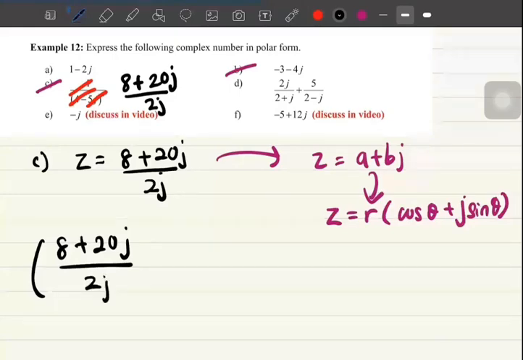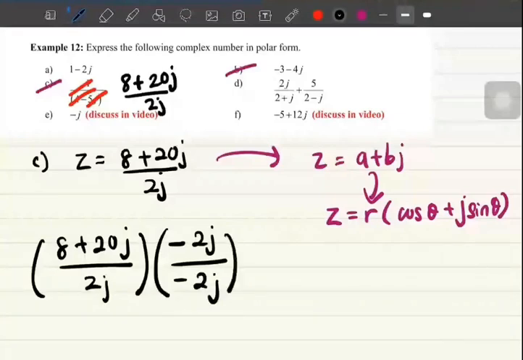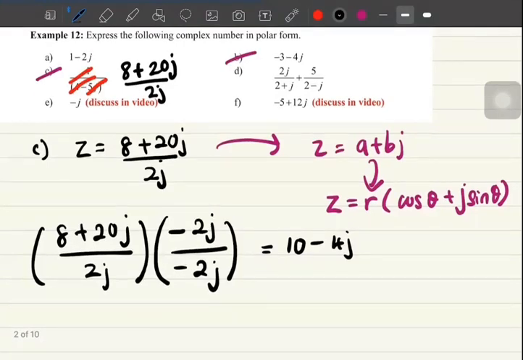Since you have 2j, you multiply by negative 2j over negative 2j. Try to expand and simplify and give me the answer. It is 10 minus 4j. You just need to expand and substitute j squared equals negative 1, and you should get this answer.